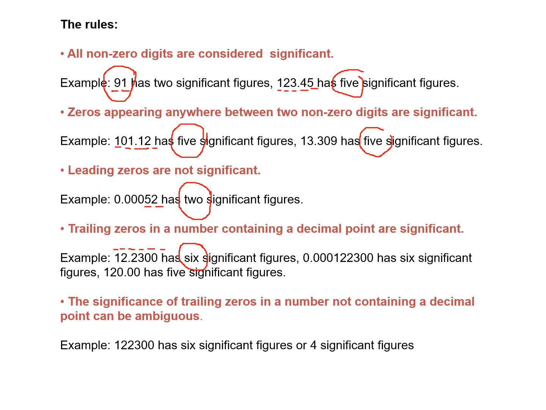But for this one, 0.0001223 00, the leading 0 here is not counted as significant.